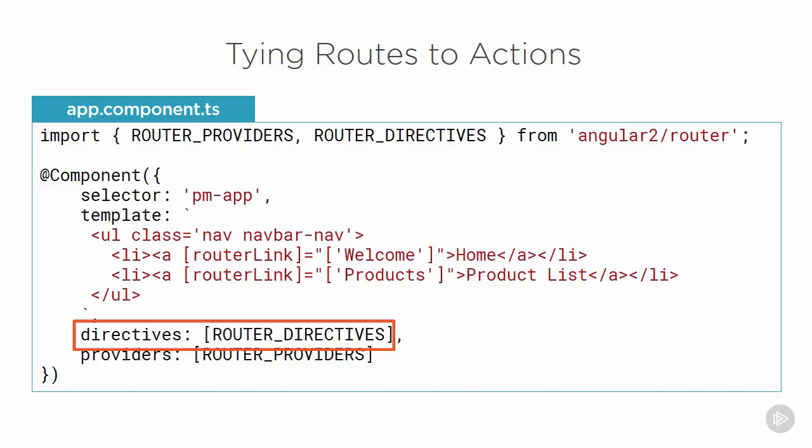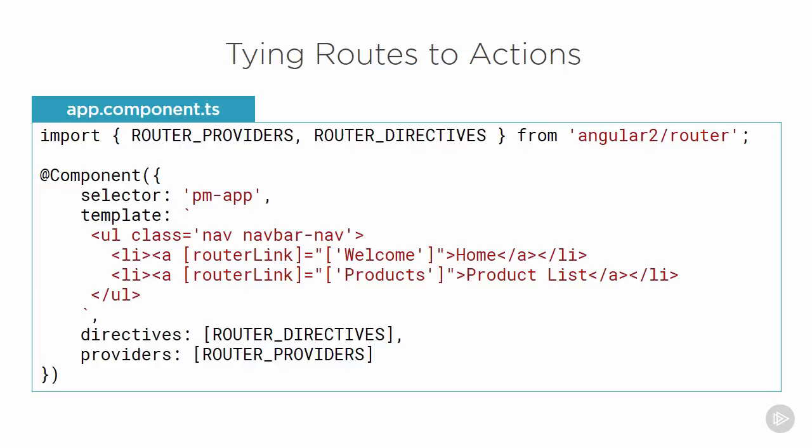To make it easier to work with these directives, the component router gives us a single constant that defines the set of router directives. It's called ROUTER_DIRECTIVES. We use that constant here and import it here. We'll need to add this constant to any component that uses a router directive.